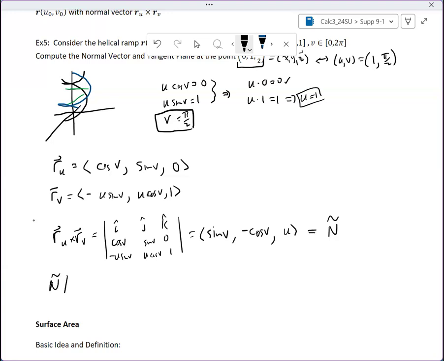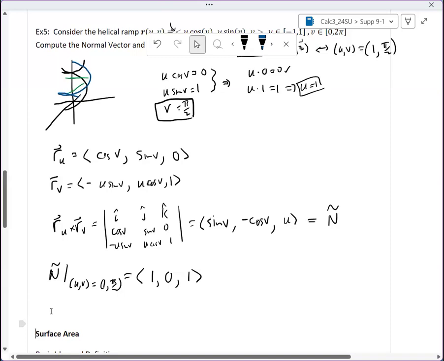And n tilde at (u, v) equals (1, pi over 2) is sine of pi over 2, that's 1. Minus cos of pi over 2 is 0. And then u is just 1.